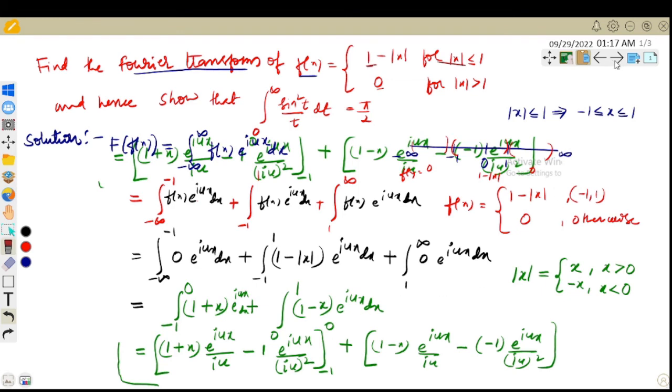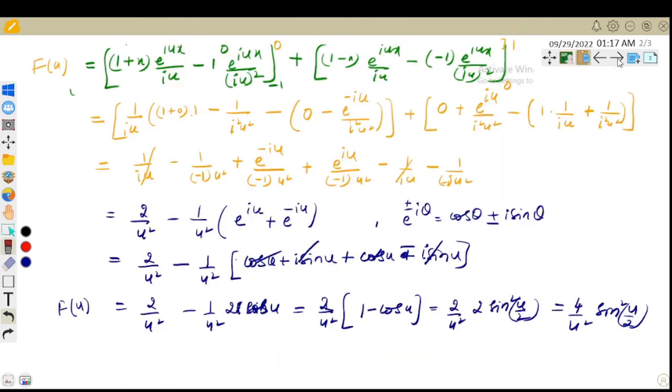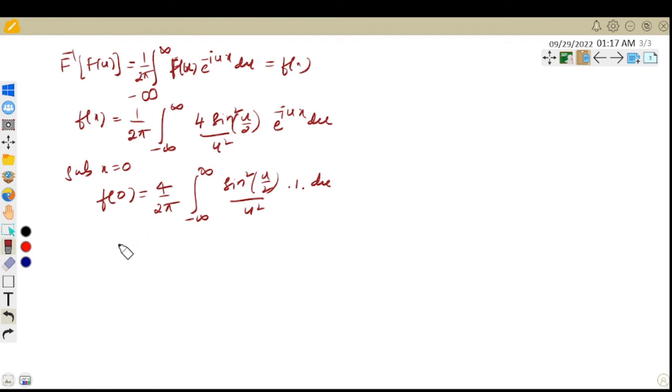So directly go back and take f of 0 is 1 is equal to 2 by pi, integral from minus infinity to infinity of sin square u by 2 divided by u square into du. Cross multiply it, we'll get pi by 2 into.